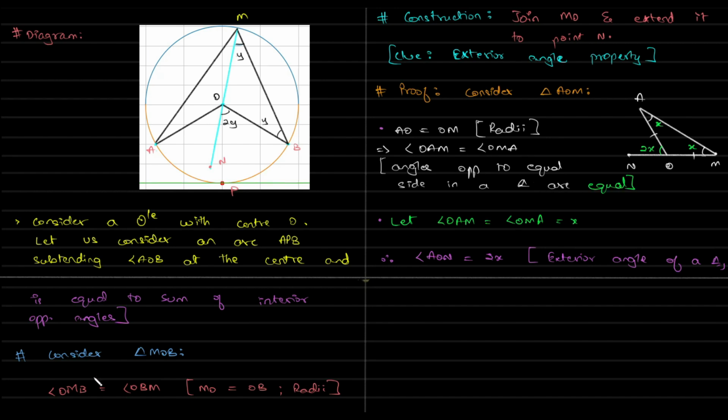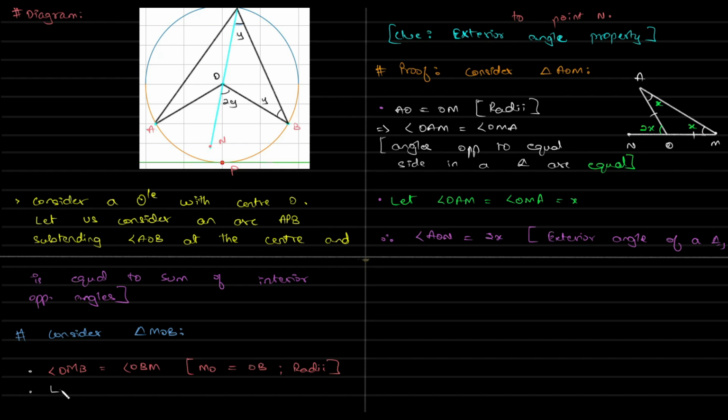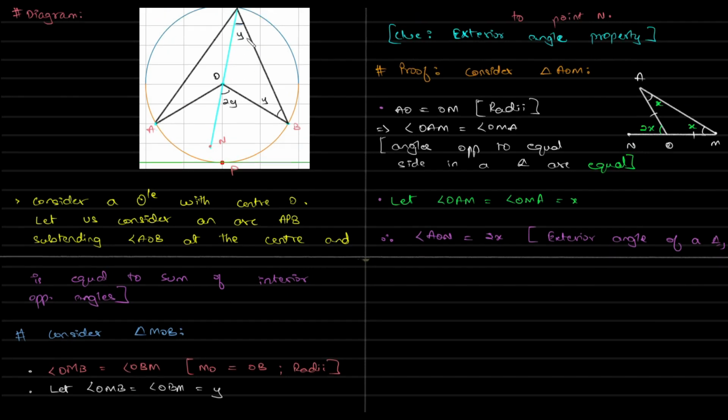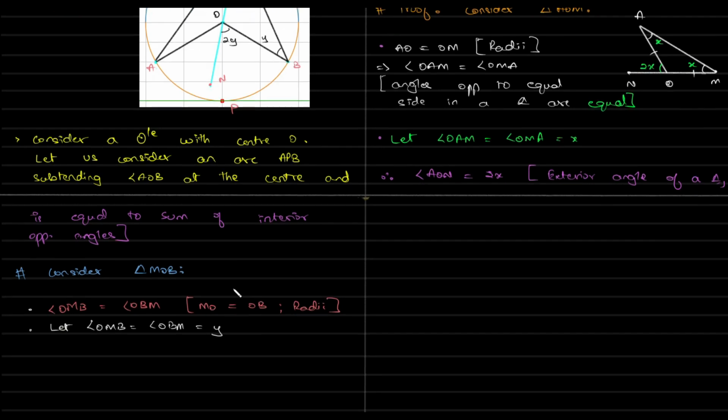Not required. Then you just write let angle OMB, which is equal to angle OBM, which is equal to Y. Again, it can't be X. You can clearly see these two triangles are, can I tell it's congruent? Need not be actually. Here it looks congruent, but it need not be. So yes, these two angles will be different.